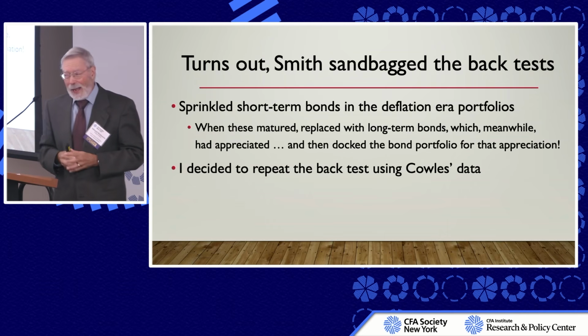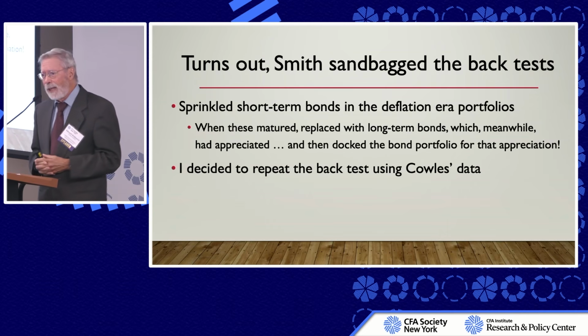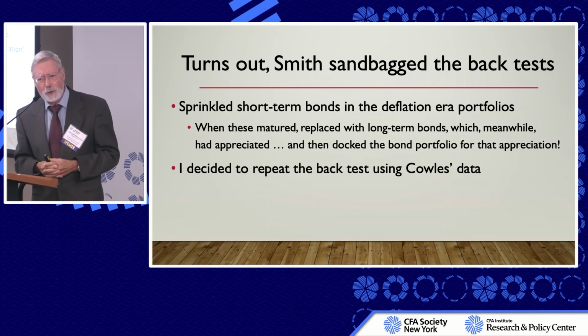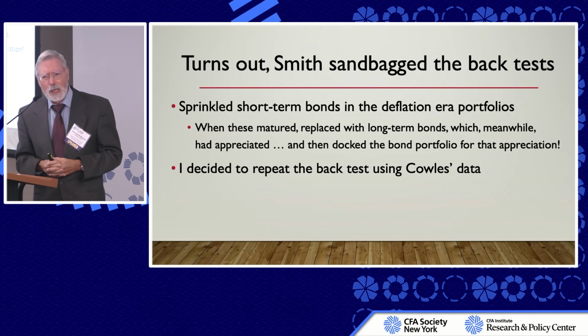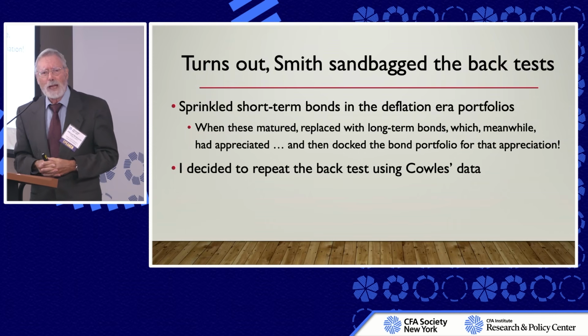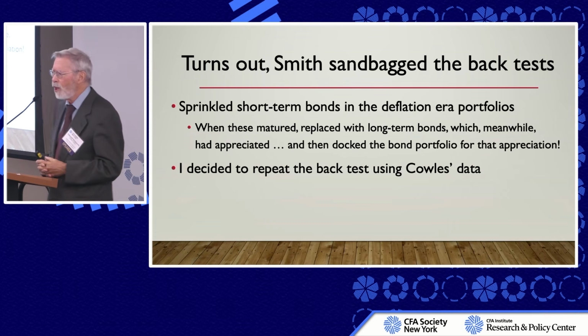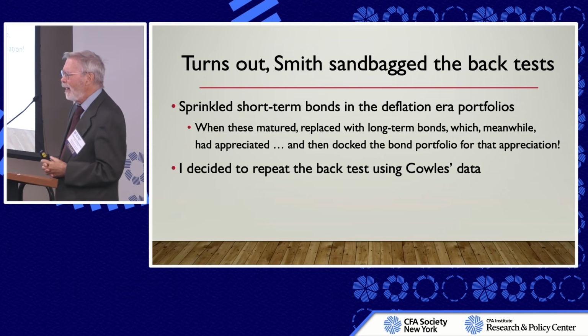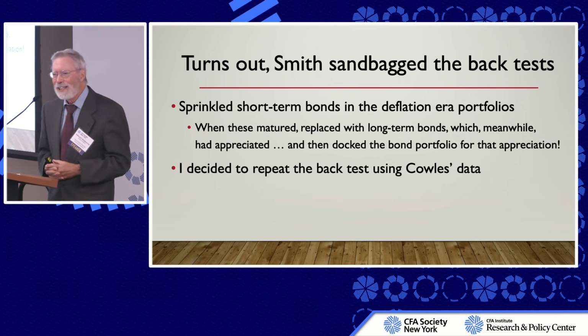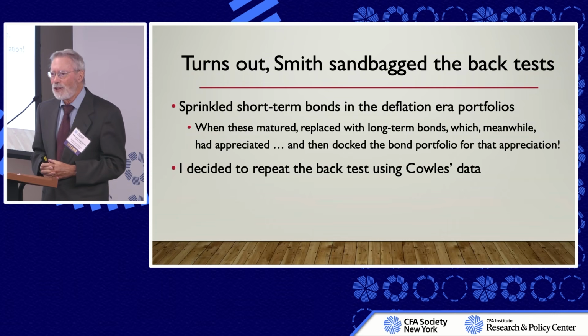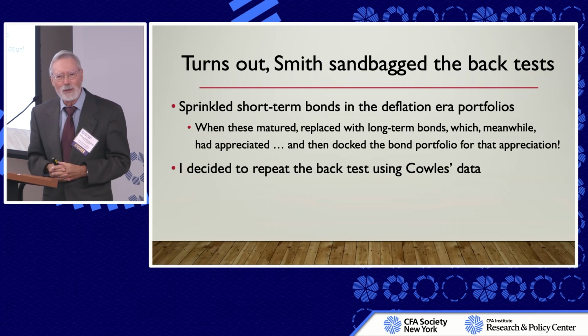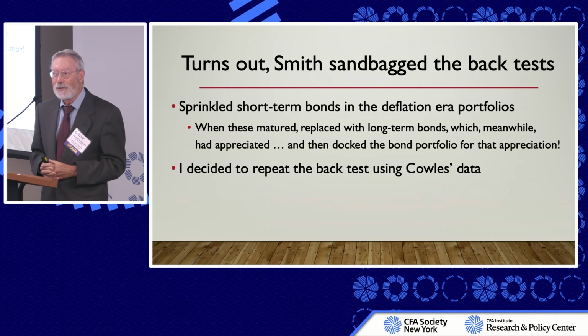Well, as I think most of you know, I am a retired professor. I have time on my hands. So I could go back to Smith's appendix after page 120 on this 100-year-old book and say, let's take a closer look. He sandbagged them, okay? He deliberately set it up so that the bonds in the deflationary period would look not so good.